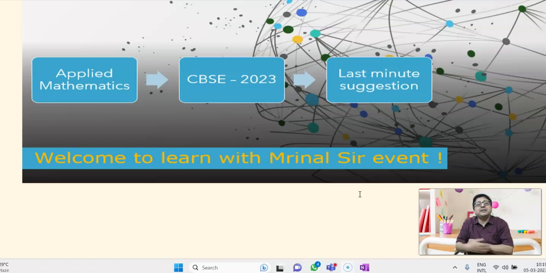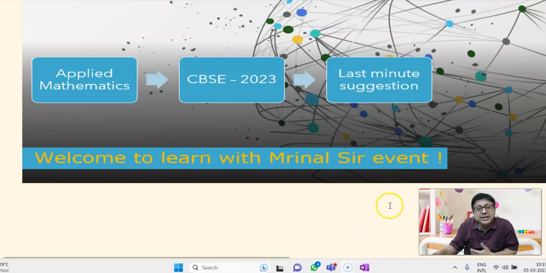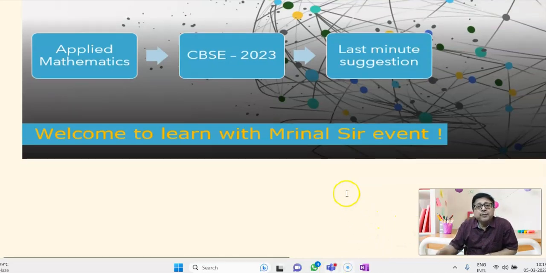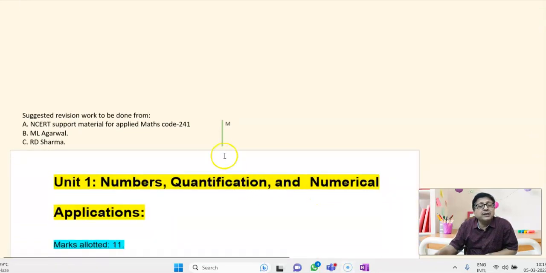Before we start revision, you must know all the revision work must be done from the NCERT support material for Applied Maths Code 241. All of you must have it. You must have downloaded it from the CBSE academic website. Some of you are doing sums from M.L. Agarwal, some of you are doing from R.D. Sharma book.